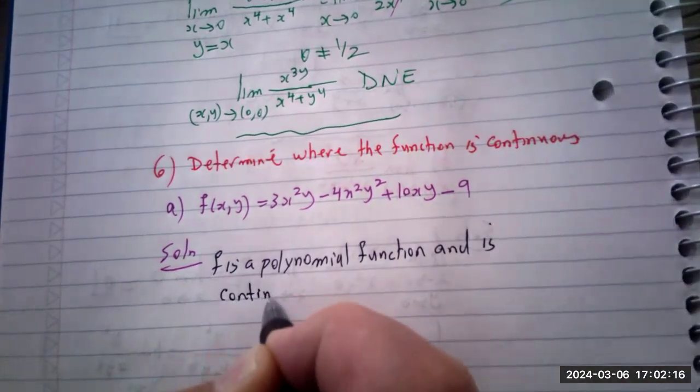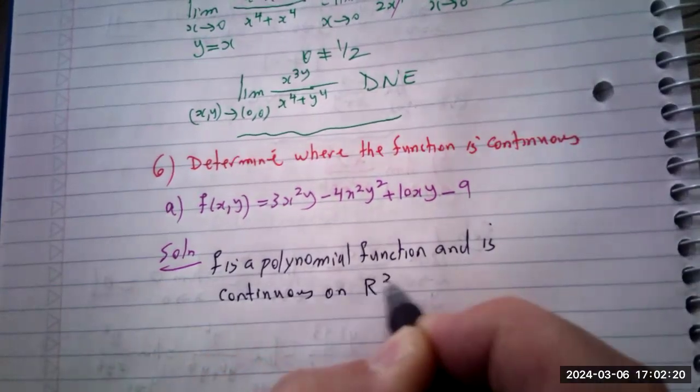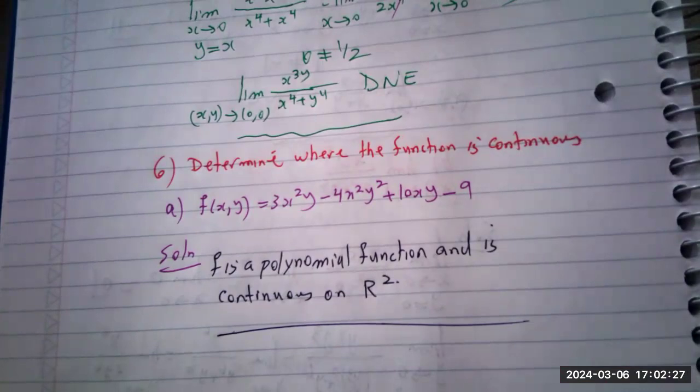It is simply continuous everywhere, continuous on R squared. You don't say continuous for all real numbers. It doesn't make sense, because the domain is two-dimensional, and the full domain is going to be R squared.